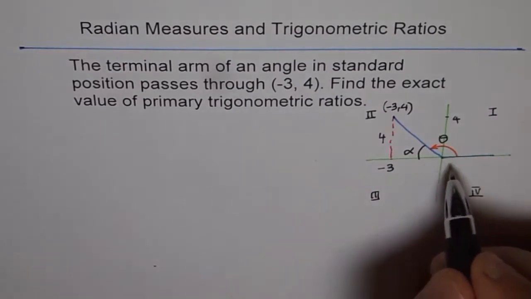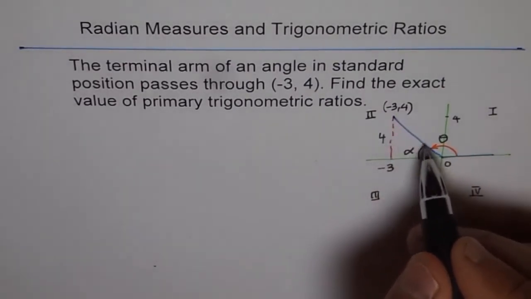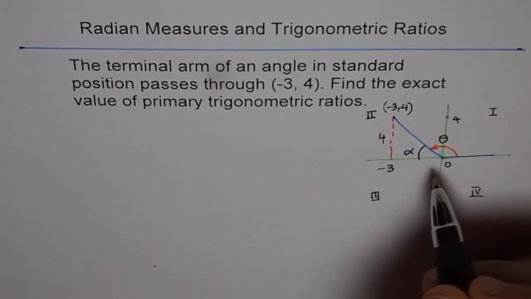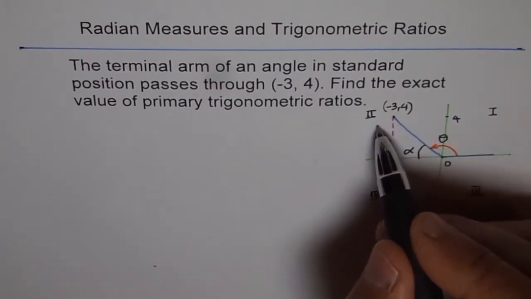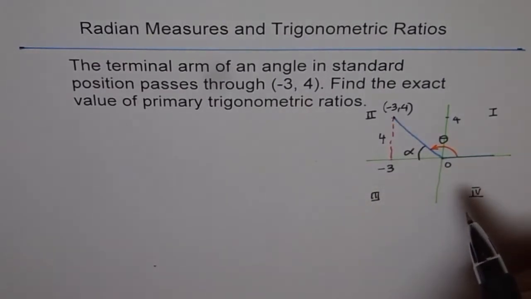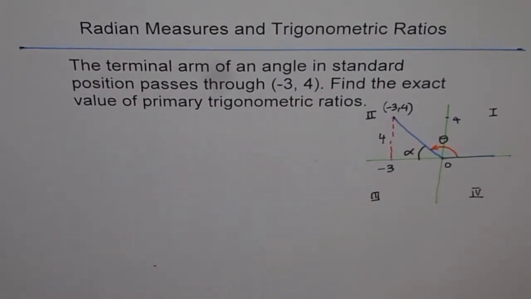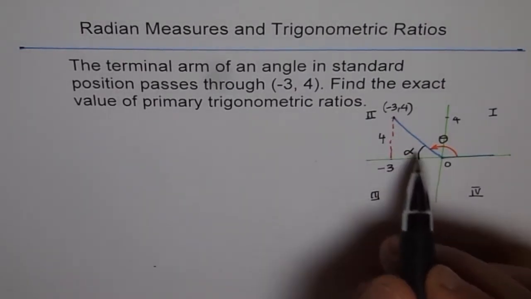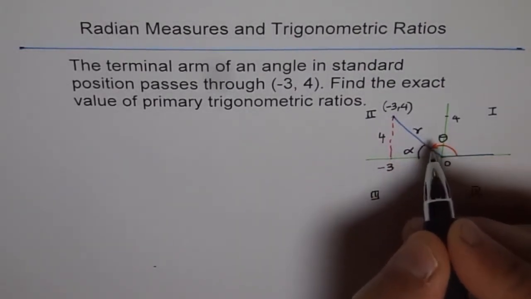So what we should find is also the radius or the hypotenuse of this triangle. When we say radius, consider it to be a circle and this is a point on the circle, so sometimes we refer to it as r. You'll see in ratios like sine theta is y over r. Let's find this hypotenuse. We may call it r for the time being, right?